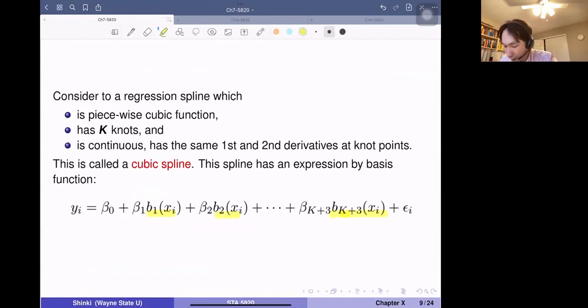Suppose we have 3 time periods, with c1 and c2, and we need one basis function for period 1.